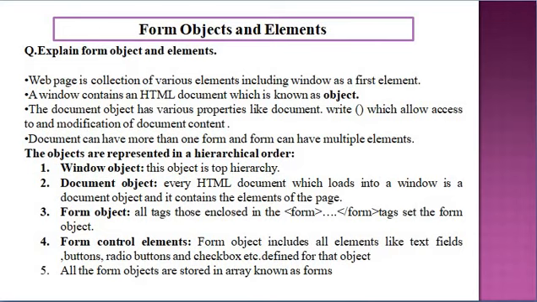And the document object has several important functionalities, and out of which the most commonly used functionality is the write method. Here the document object has various properties like the document.write method, which allows access to and modification of a document content. The document can have more than one form, and a form can have multiple elements.